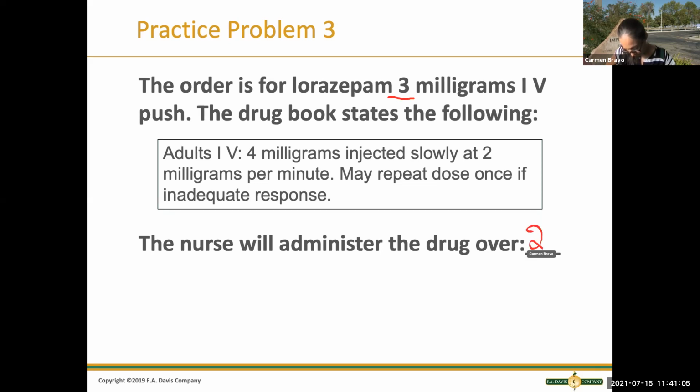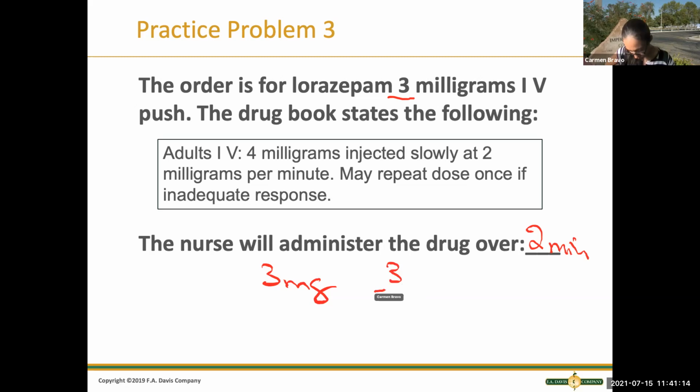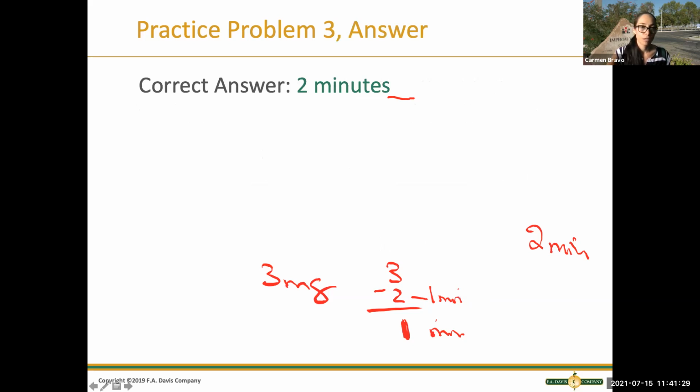Yep, it would also be 2 minutes. It says 2 milligrams per minute. So of the 3, the first 2 are going to go over 1 minute. So I have 1 remaining, which is the fraction thereof. So this is going to be another minute. So it'll be 2 minutes too. Basically, that's what it is.